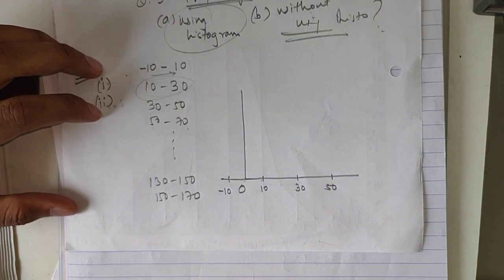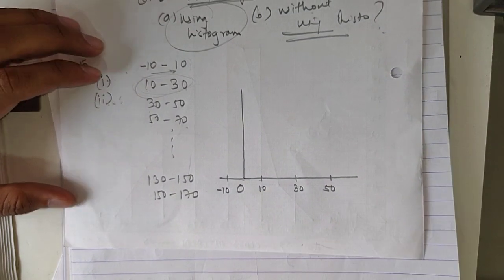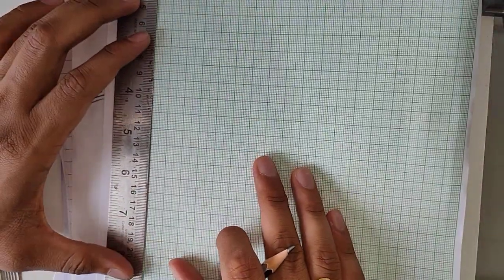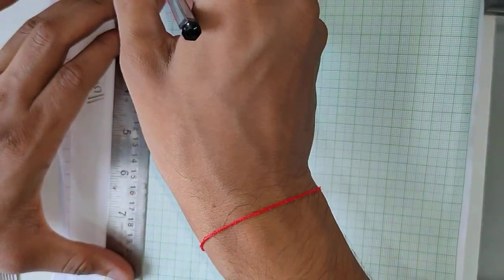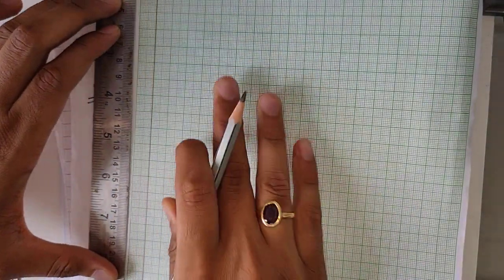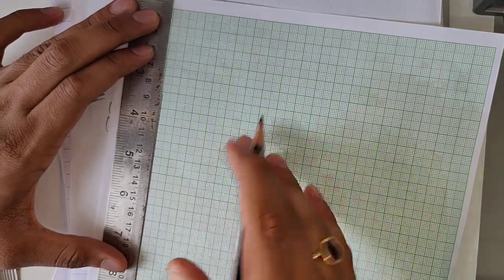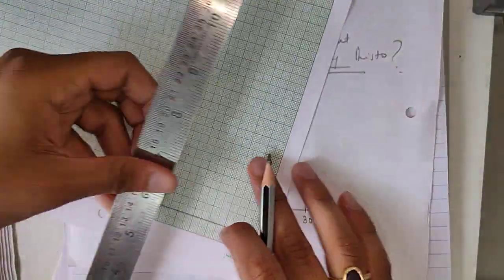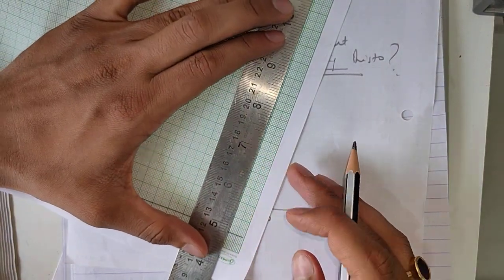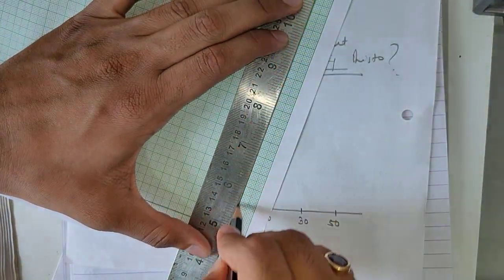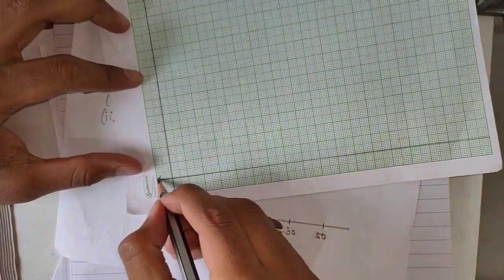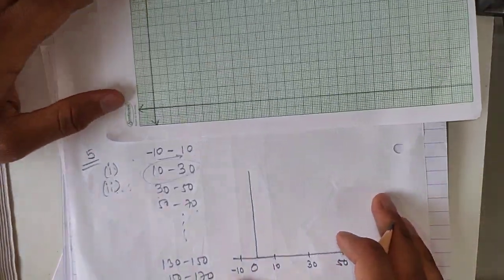Otherwise you will be able to solve it. I'll do that much part for you, because I want to make a graph for without using histogram. With using histogram you can do it on your own. The only place where you'll get stuck is these class intervals, so that part I'll do for you.